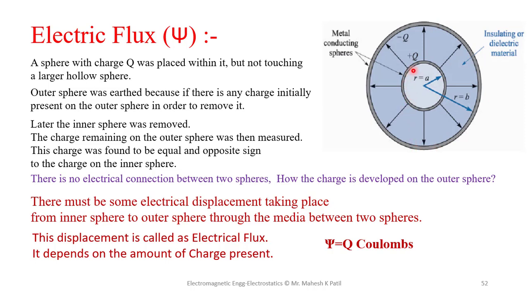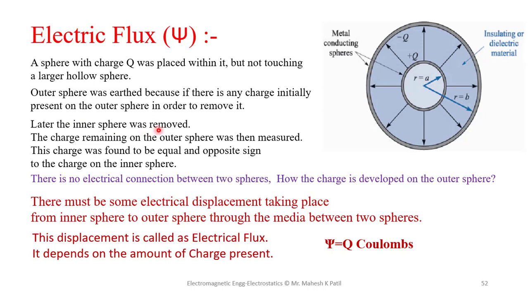Assume the inner sphere is a charged sphere, so the charge present on the inner sphere is considered plus q. Now the outer sphere is earthed, because if there are any charges initially present, they can be removed. So in order to remove them, it is earthed, meaning it is grounded.